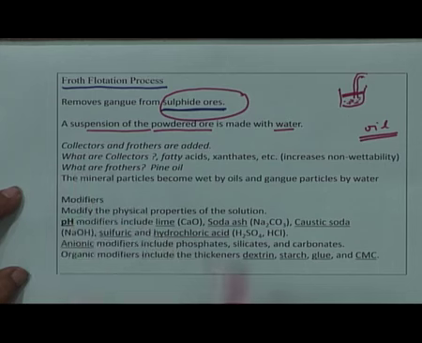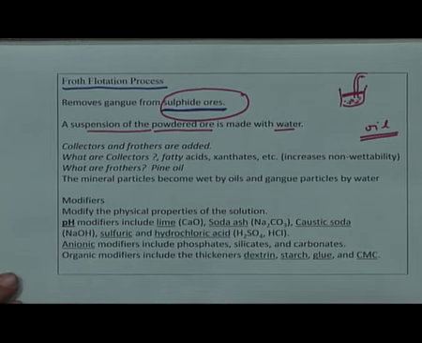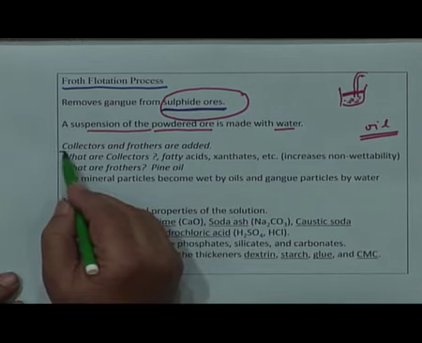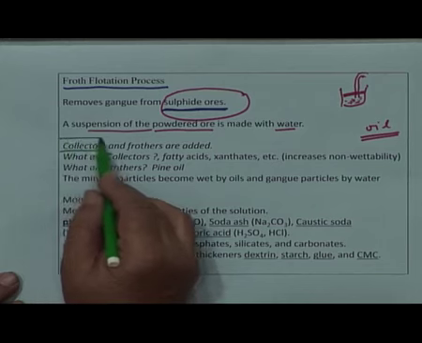Second, it may be possible that the difference between the association of the ore with water and oil may not be that different. So, what do you have to do? You have to add collectors. What are these collectors?